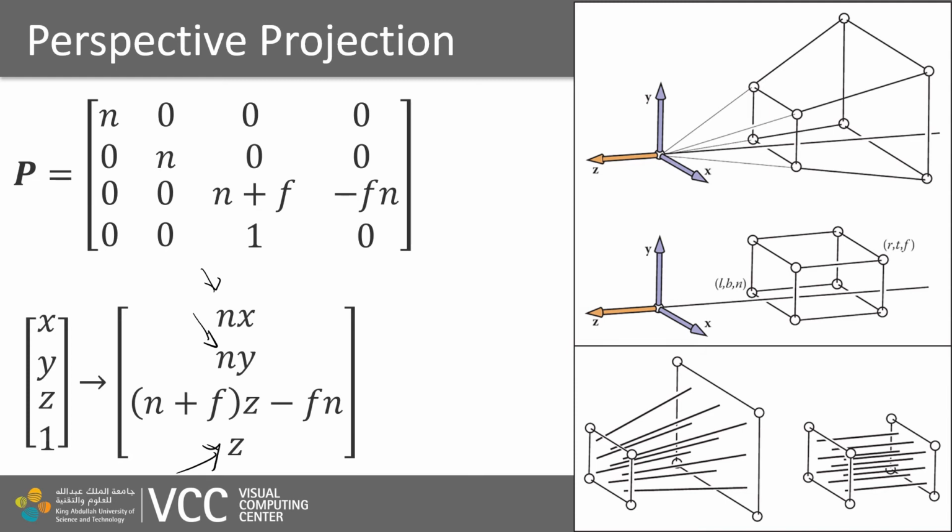The divider is here, and then for the third element we have something mystical, and this is simply scaling the z value somehow on the way. We are using this z for the division, so we cannot really maintain or preserve the z coordinate.